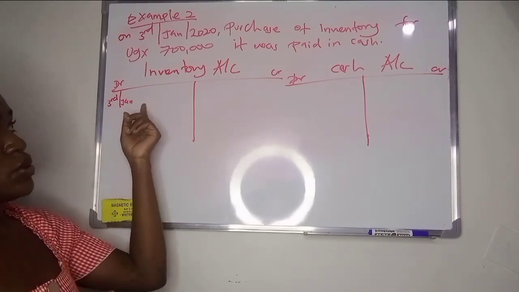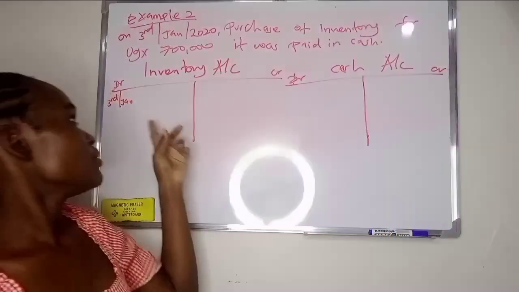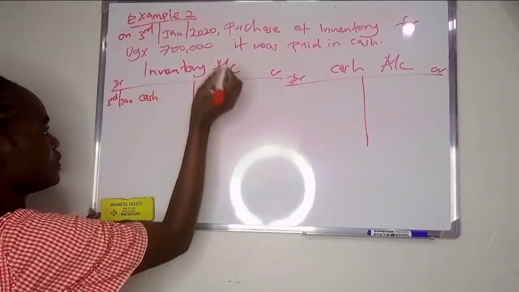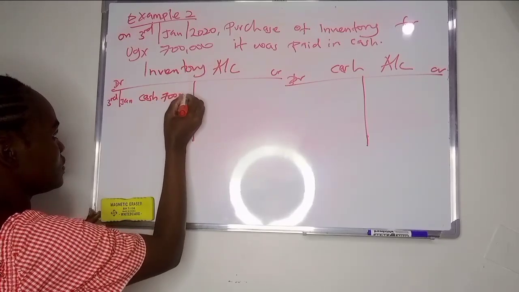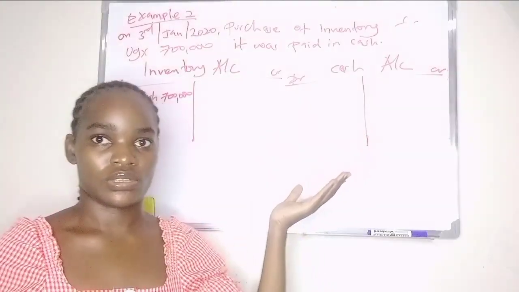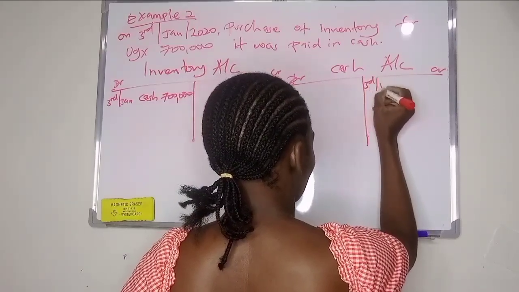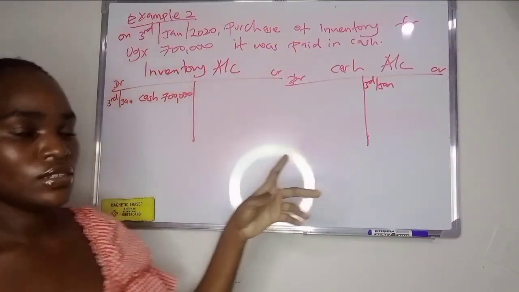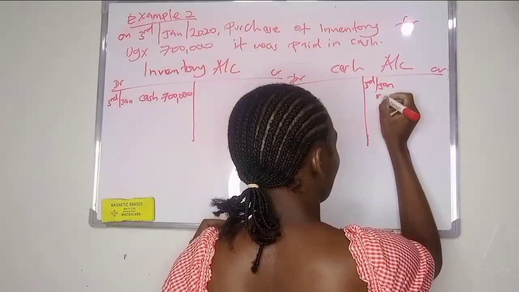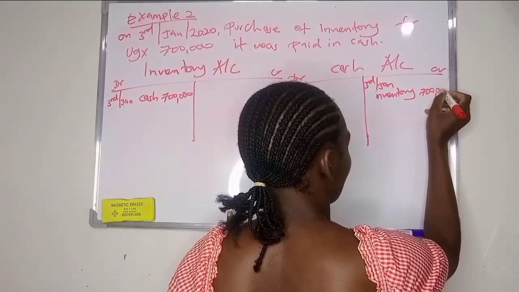Under the description, we write the name of the other account. So here we shall write cash, then the amount 700,000. Then we come here on the credit side, since cash is reducing. So we write 3rd Jan. Under the description, we write inventory, 700,000.